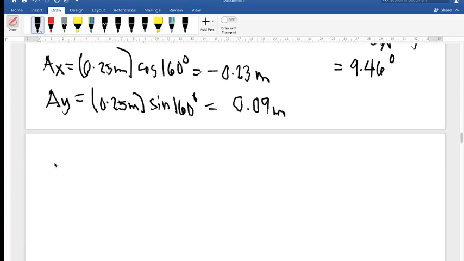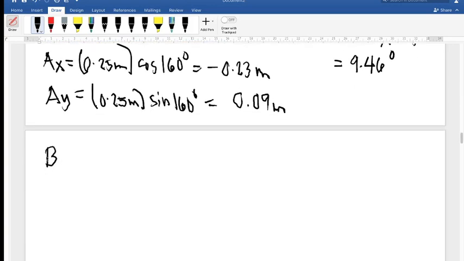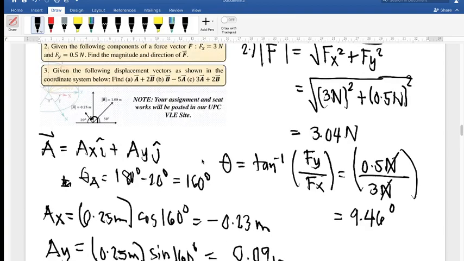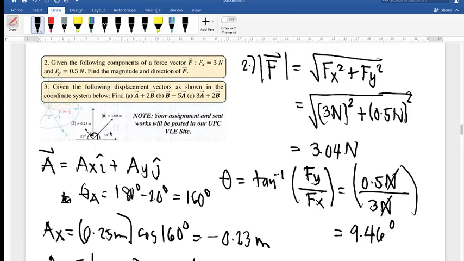So we have to find the components of B. So we have Bx i hat plus By j hat. Again, we have to make sure that the angle is a conventional angle. Here, your B has an angle of 50 degrees from the positive y-axis.